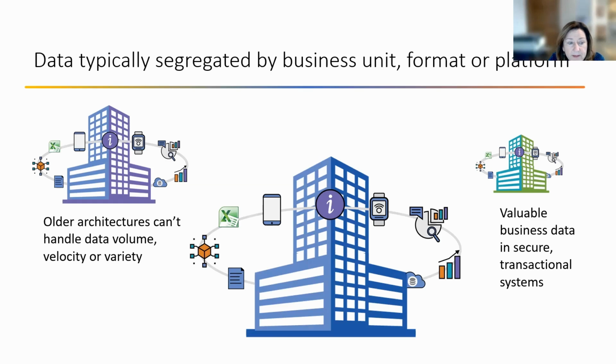It's disparate. Older architectures, depending upon the enterprise, can't handle data volume, velocity, and variety, so that valuable business data is locked away in secure transactional systems. So how do we get to that? How do we make it available so that we can be more agile?